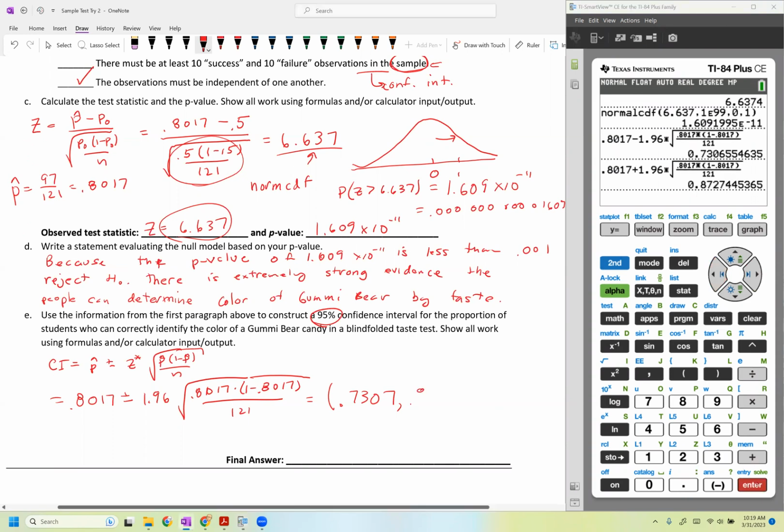And we get 0.8727, and that's our confidence interval. And what do we mean by that? Well, we think that the plausible values for the true proportion of people who can determine the color based on the taste are somewhere between 73% and 87%.